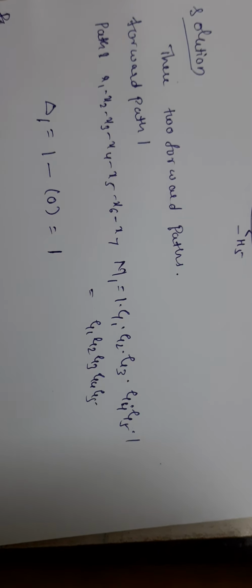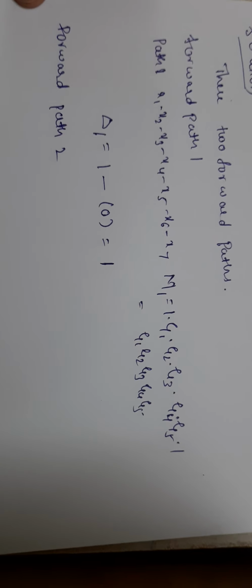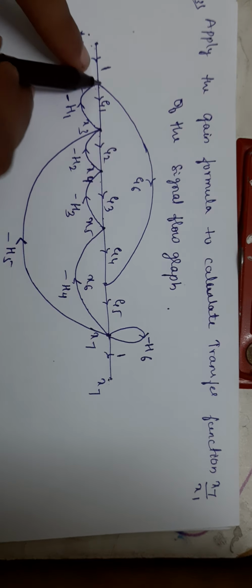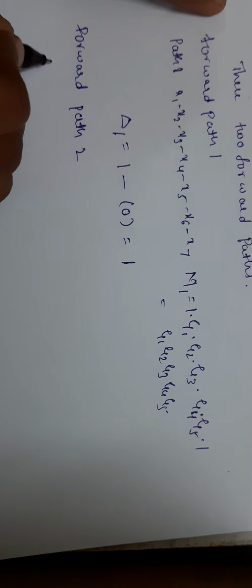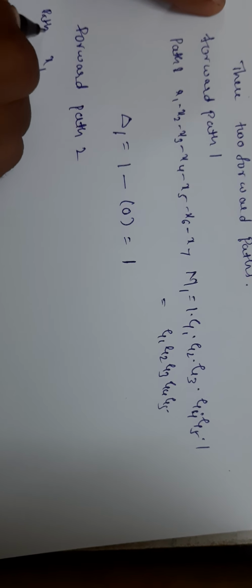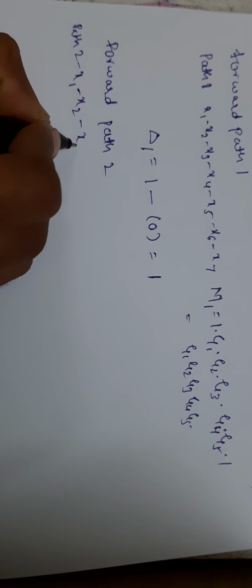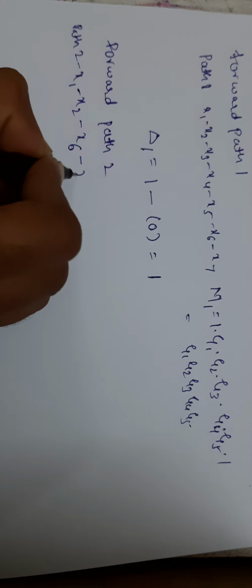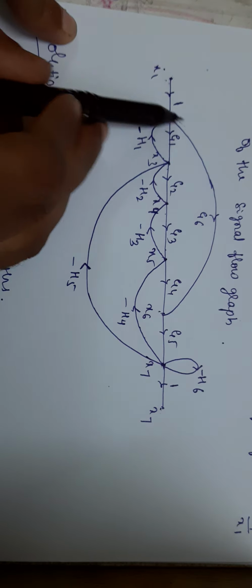Next we will see forward path 2. Which is the forward path 2? See the graph: x1 to x2, x2 to x6, x6 to x7, x7 to x7. So forward path 2 is x1 to x2, x2 to x6, x6 to x7.